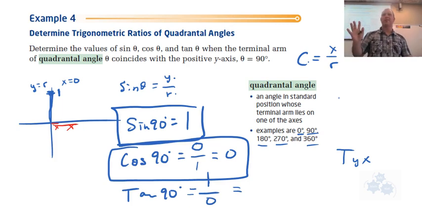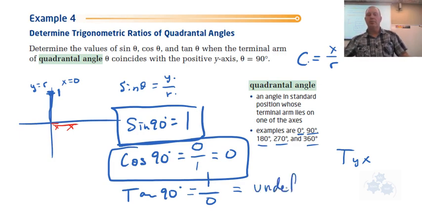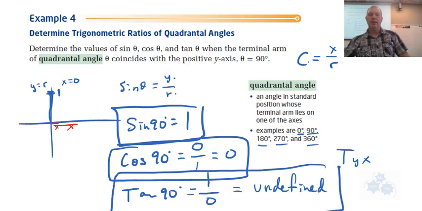What do we call that? Your calculator will say error. We say it's undefined, or does not exist, would be the proper way to say that. So tan of 90 is undefined.